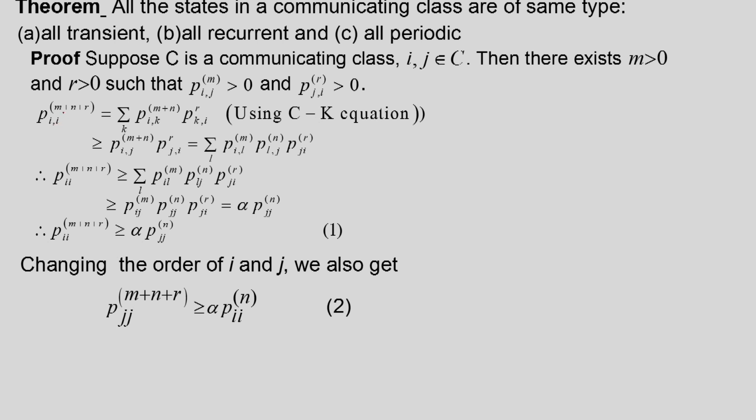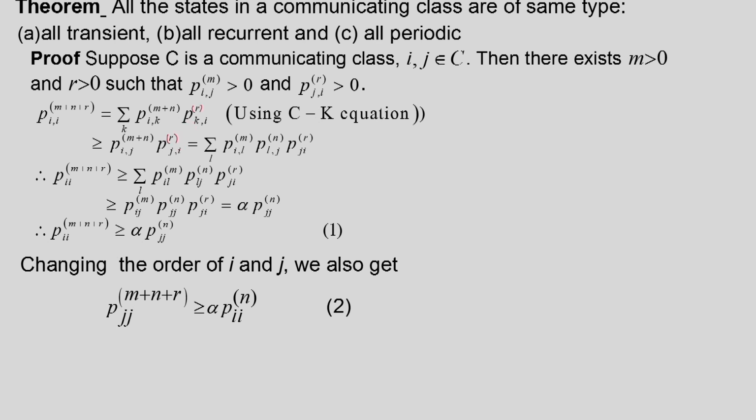Thus, P_ii^(m+n+r) is equal to the summation over k of P_ik^(m+n) into P_ki^r. Now, this is a sum over all k. Suppose we consider one value of k only, that is k equal to j. Then it is no longer an equality, but this quantity will be greater than or equal to P_ij^(m+n) P_ji^r, because we are considering only one value of k.